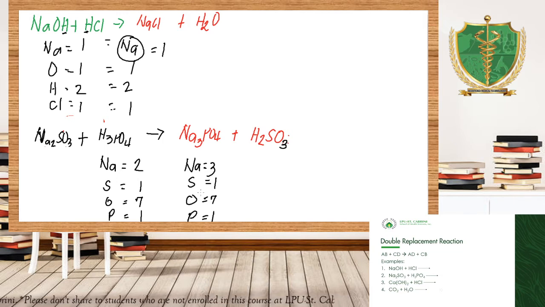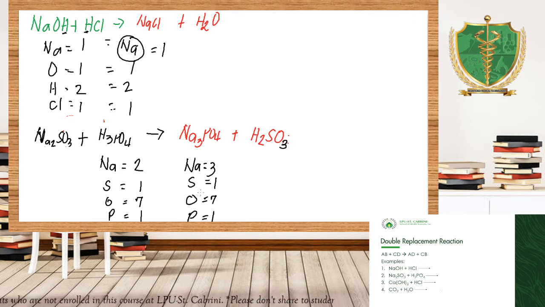Bakit? Because sodium in the reactant is 2 and sodium in the product is 3. So how are we going to do on that? So we are going to balance. Sino po ang una nating gagalawin? Okay? What number will be added as coefficient in sodium sulfate to make the equation balance?